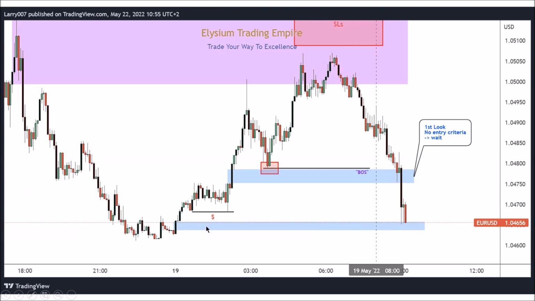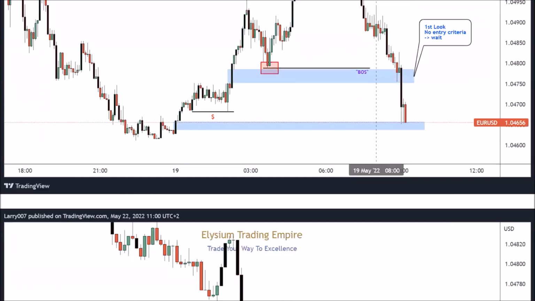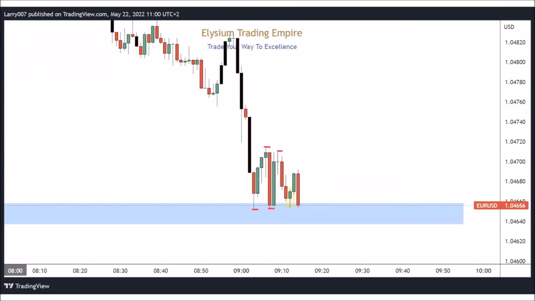So now I also try to look for a shift in market structure. So let's go in the 1 minute. This is one of the patterns I like also. It's not the easiest pattern to recognize, but it's also effective. So a shift in market structure does not always have to take the highs.